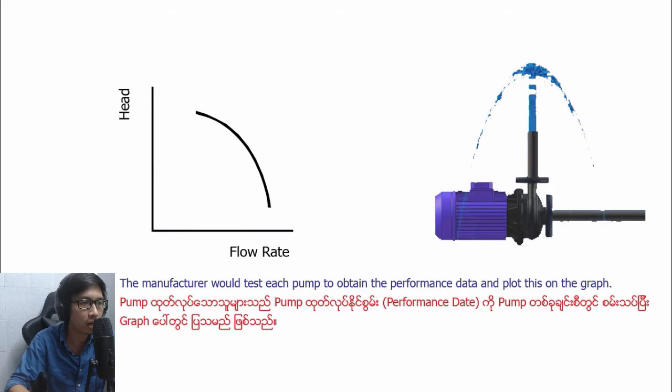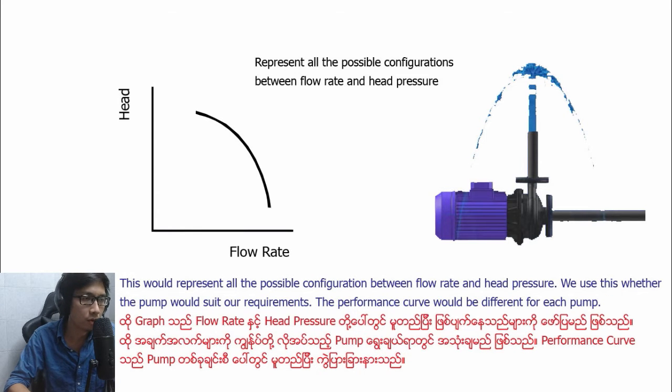The manufacturer will test each pump to obtain the performance data and plot this on the graph. This would represent all the possible combinations between flow rate and head pressure. We use this to see whether the pump will suit our requirement. The performance curve will be different for each pump.